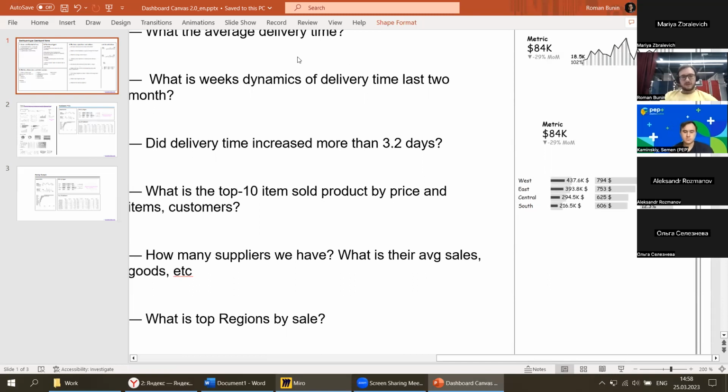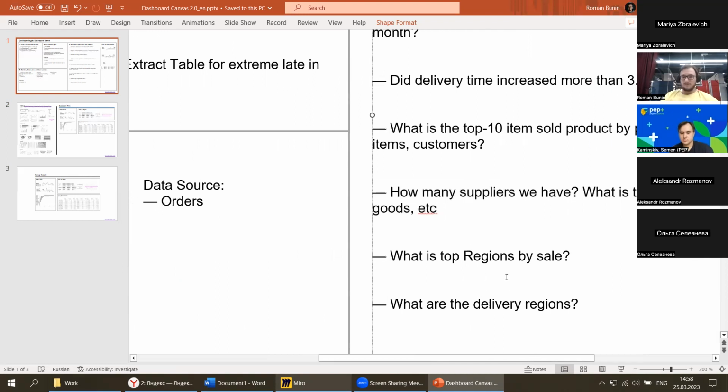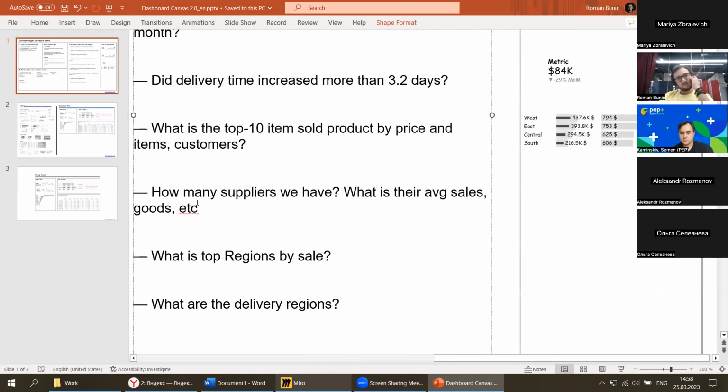Okay, the next item. How many suppliers do we have? Territory, what is the average sales of the goods, etc. What do you think? What shall we use for that list?